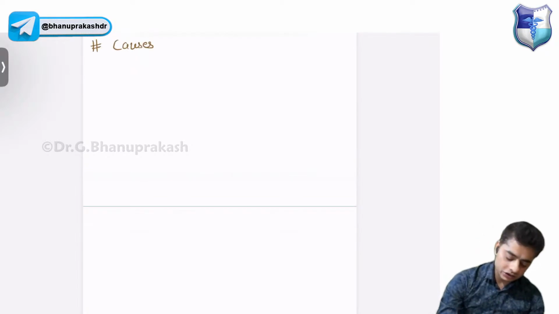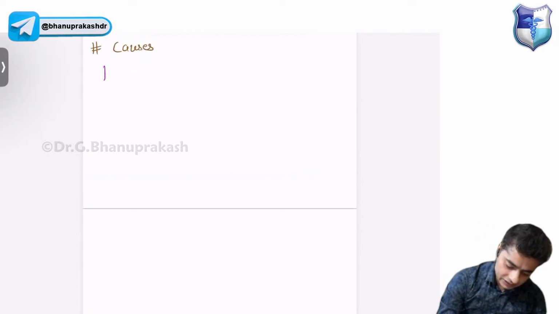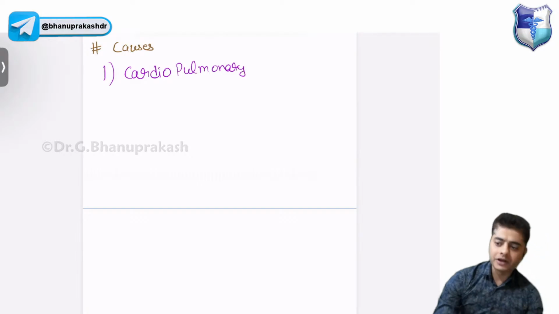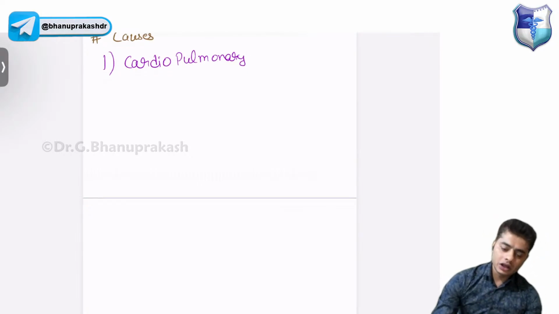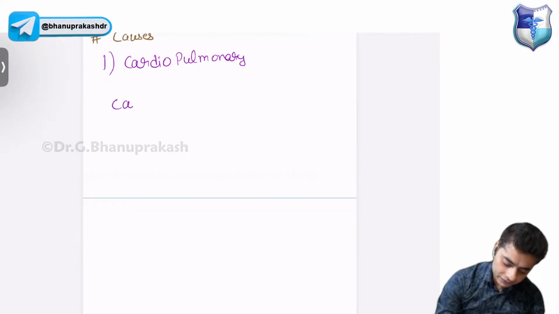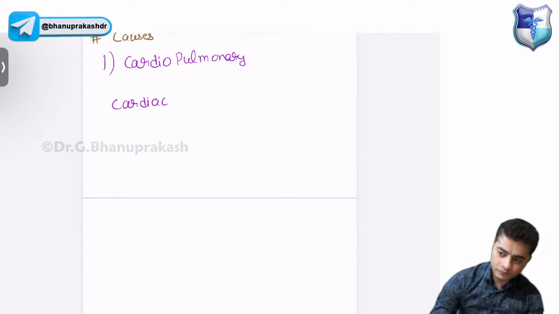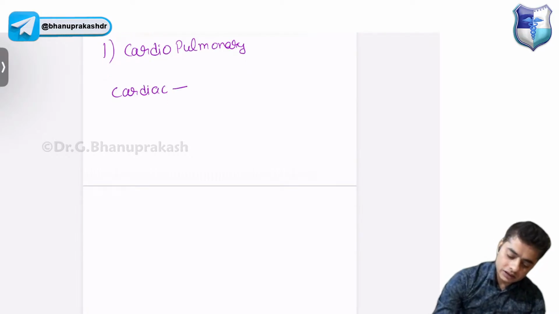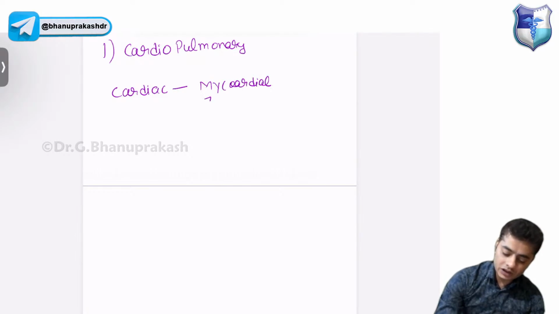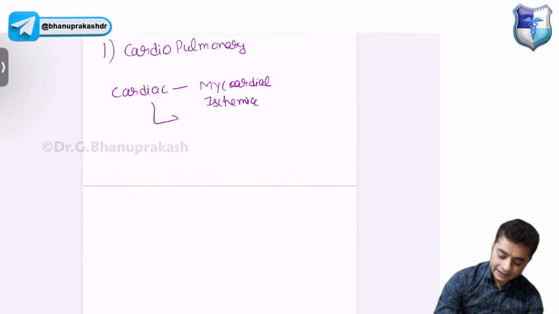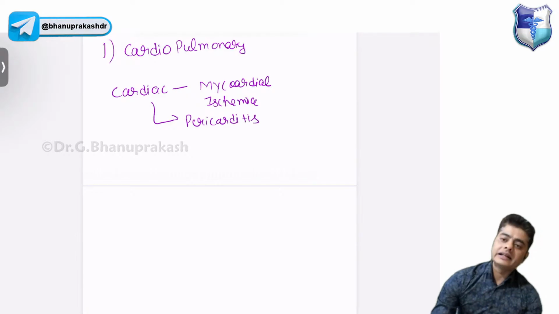Now we will divide our causes into two headings. First is cardiopulmonary cause. In cardiopulmonary, we will first see cardiac cause. Cardiac cause can be myocardial ischemia, or it can be pericarditis.